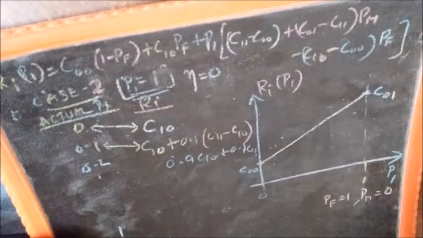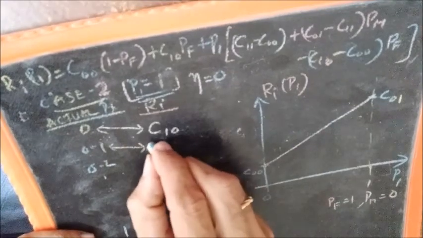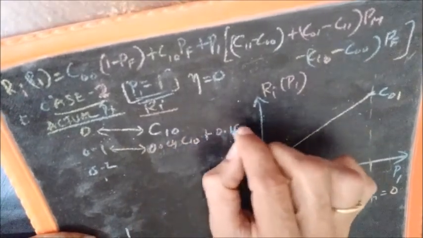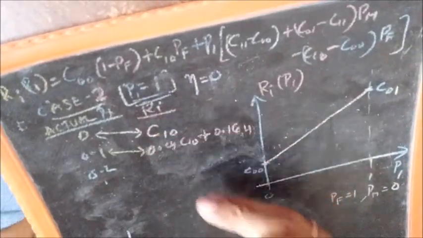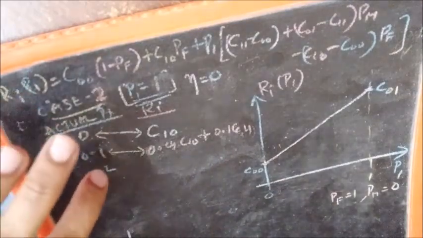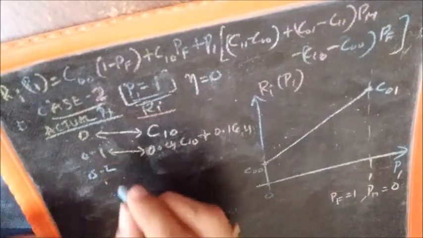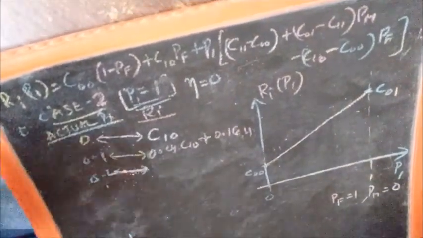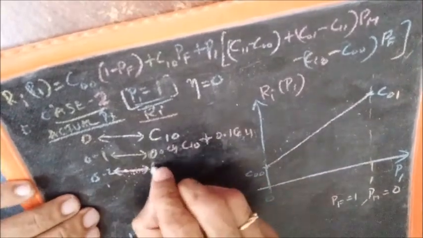So the trend is that the risk reduces as the actual probability approaches the one that you have assumed. But remember, we have no control over the actual probability. We are just going through various values to understand how the risk varies.